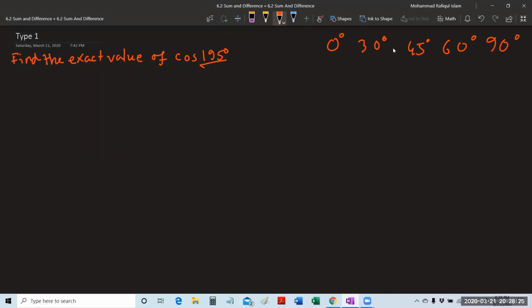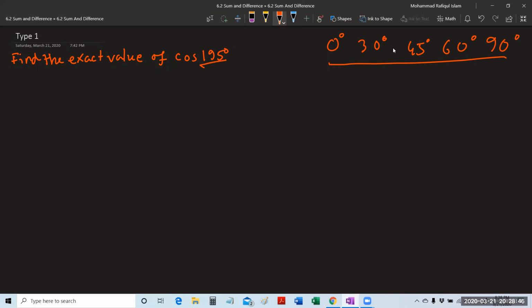So our first goal is to express this 195 degrees in terms of the sum or difference of the known angles that we already know, I mean these angles. Or we might have to express this unknown angle in terms of the multiple of these known angles.